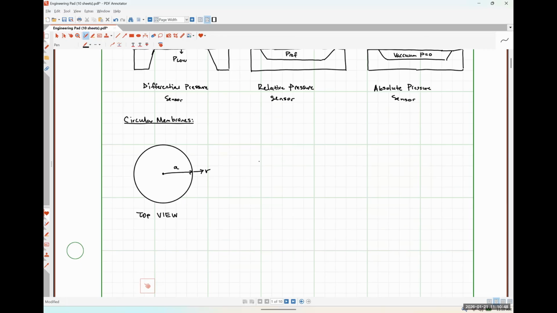And then from a side view, we might have something akin to this, right?